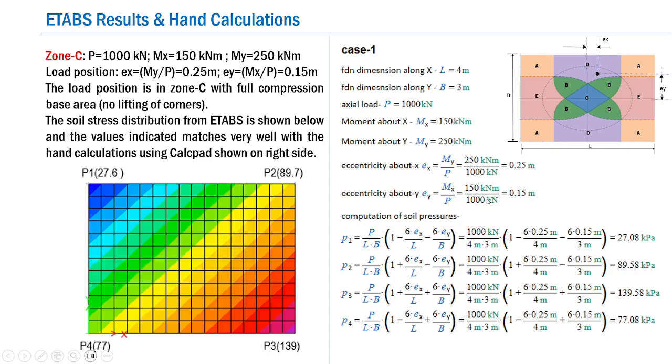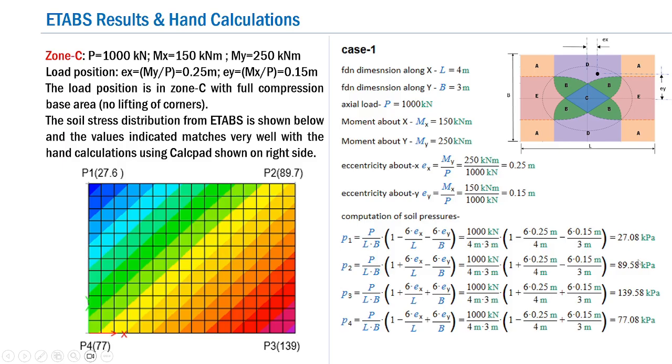This is a case of small eccentricity, and you must be aware of the simple formulas available to us. All the corner pressures P1, P2, P3, P4 are hand calculated using this formula. For example, the hand calculation gave P1 equal to 27.08 and ETABS 27.6. So that's a good match.